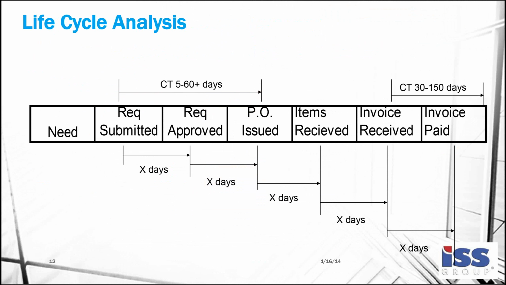This is an approval issue. It sits on somebody's desk and sits on somebody else's desk, or in their work queue, in their electronic desk. There has to be discussion about it.